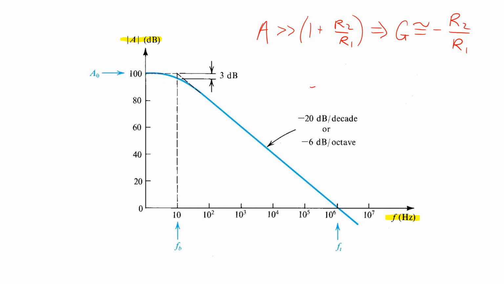So for example, if we were to design an inverting configuration for a gain of negative 10 volts per volt, and we were to use an op-amp with this frequency response, then we would find that it would behave almost ideally so long as the gain A remains greater than 1 plus R2 over R1, which is 11 volts per volt.